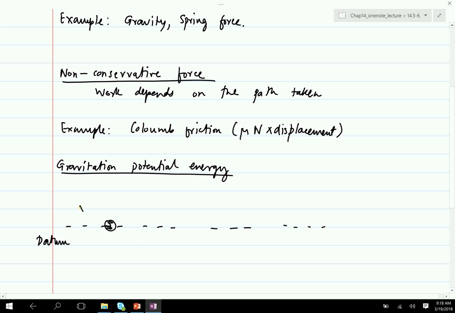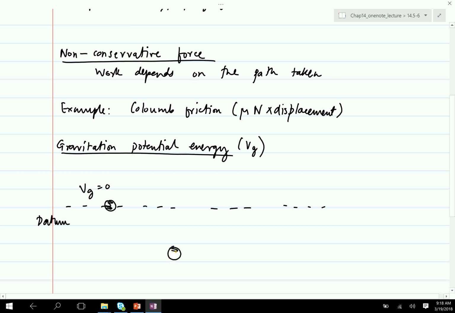So if the mass is on the datum, its potential is 0. If the mass is moved down, well, gravity is clearly this way. If the mass is moved down, we say that the potential is negative.